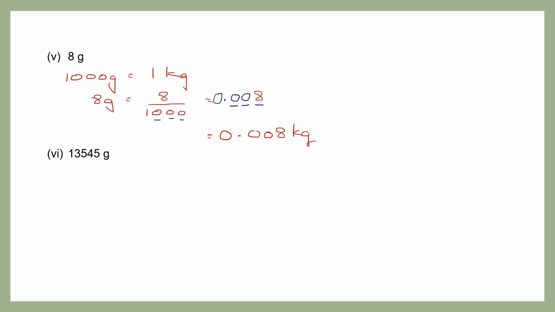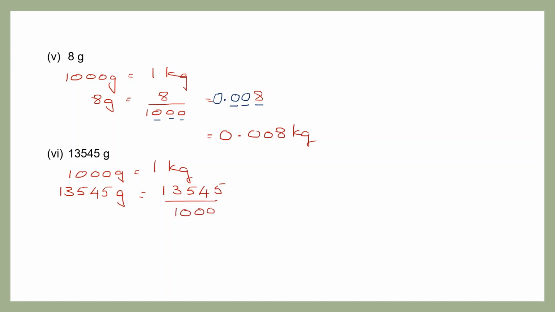Sixth one, 13,545 grams. Okay, convert it to kilograms. So start this way. 1000 grams make 1 kilogram. So 13,545 grams will make how many kilograms? Let's divide that by 1000.